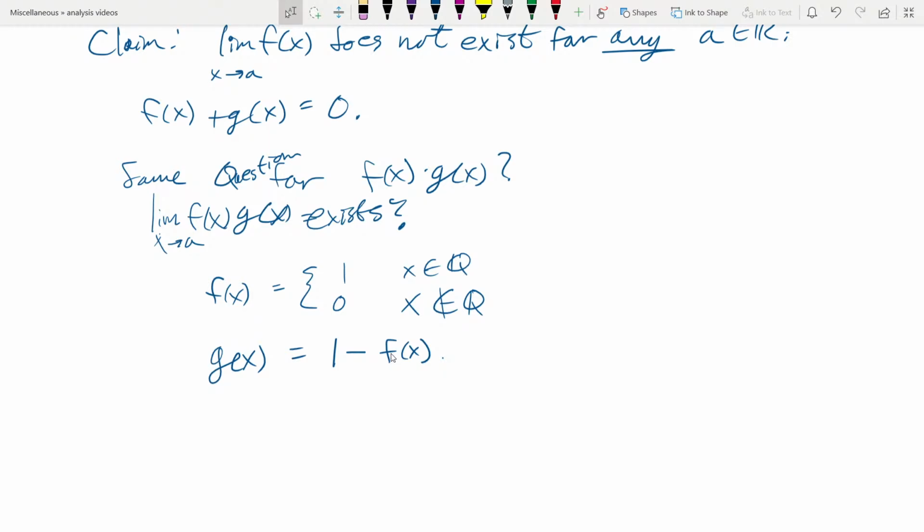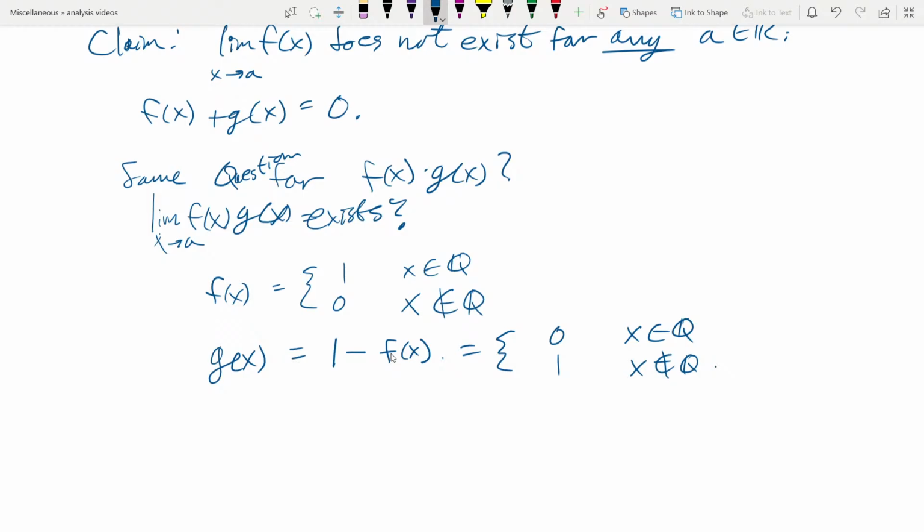All right, and this function, if you think about it, is actually just going to flip the values on the corresponding sets. When x is rational, you get 0, and if it's irrational, you get 1. Now obviously the product of those two functions is going to be exactly 0.